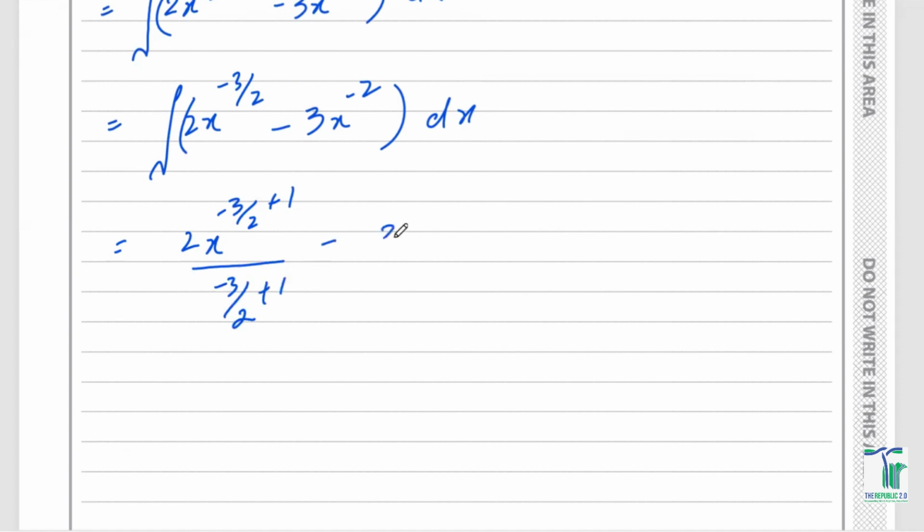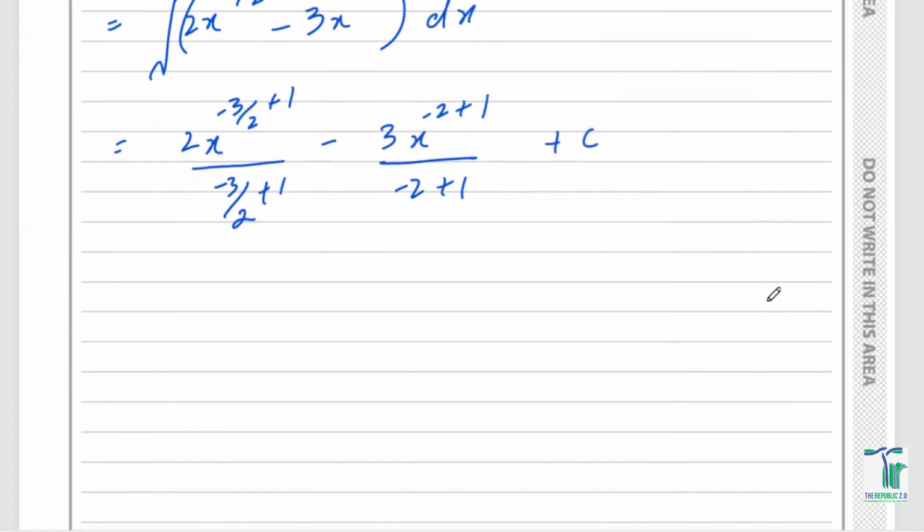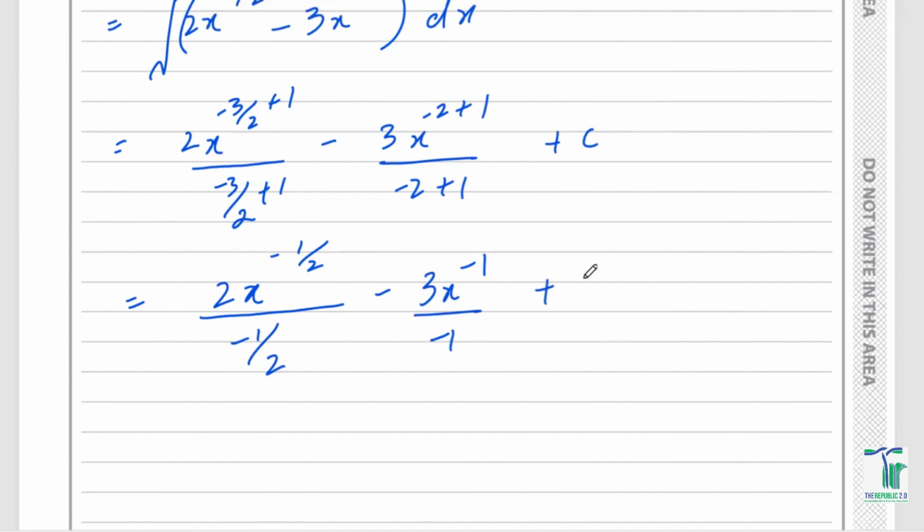And then I've got negative 3x to the power of minus 2 plus 1 divided by minus 2 plus 1, plus c. Now I'm going to simplify them, and I would be having 2x to the power of negative 1 by 2 divided by negative 1 by 2, since negative 3 by 2 plus 1 is negative 1 by 2. Negative 3x to the power of negative 1 divided by negative 1, plus c.